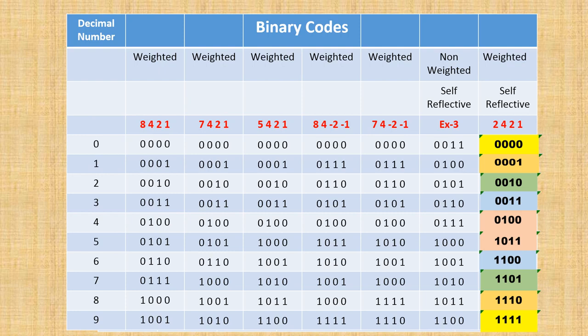This fulfills both the conditions, same as 6, 7, 8, 9 are complementing 3, 2, 1 and 0, and also the weight according to 2, 4, 2, 1. So this code is a weighted self-reflexive code.